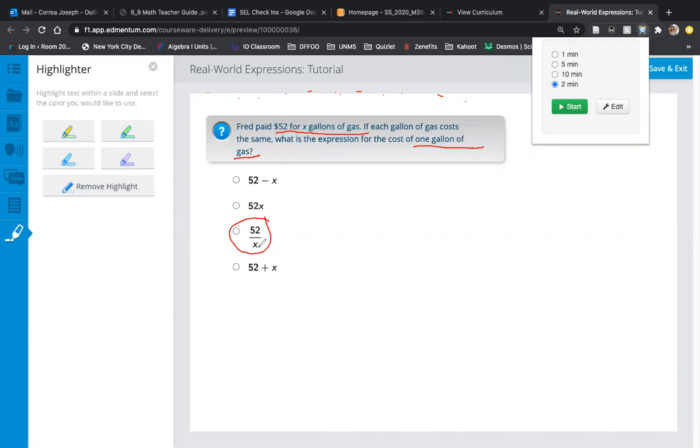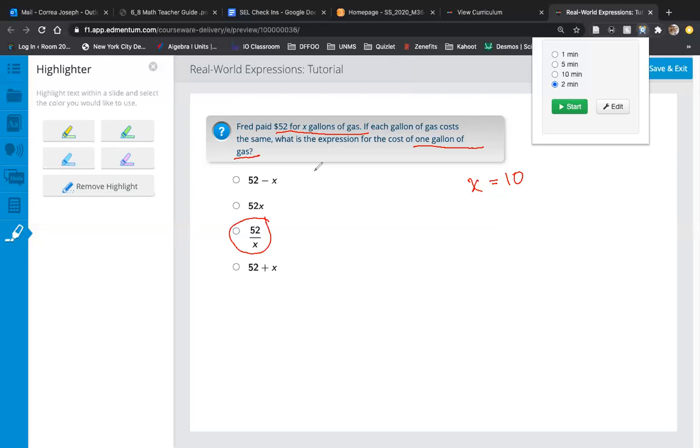Okay, so we know it's division, right? So a good way to do this is to think about an example, right? So give a number. Say, for example, X was 10. That would mean that they purchased 10 gallons of gas, and then you can try these numbers out and see if any of them make sense. That's something that you can always do when you have a variable like this. So let's say you tried this one.